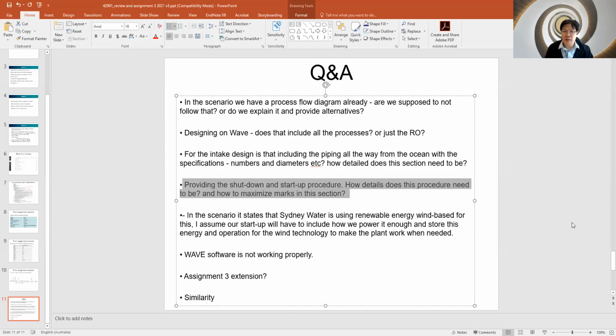I already mentioned to you, you read the basic information from the internet and summarize, and then you can try to utilize a table or diagram, which will make it clearer, and then you have a clear understanding of the shutdown and restart procedure. That's what I recommend you follow to maximize your marks.